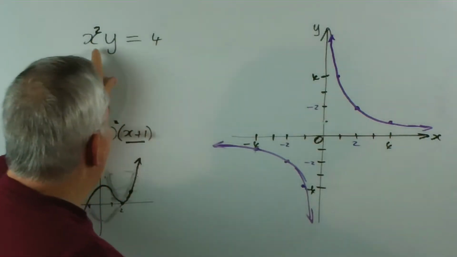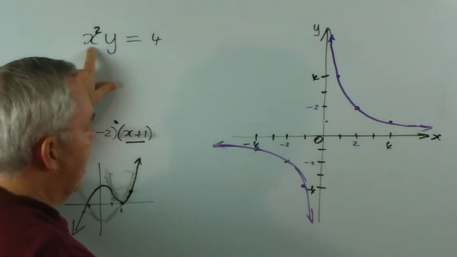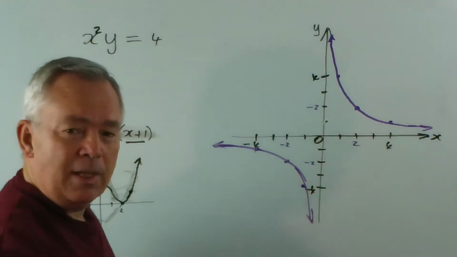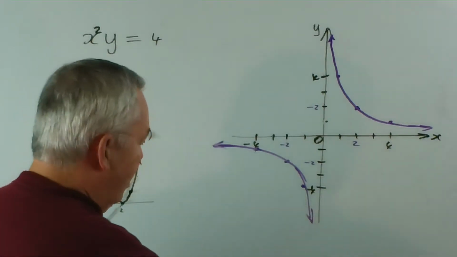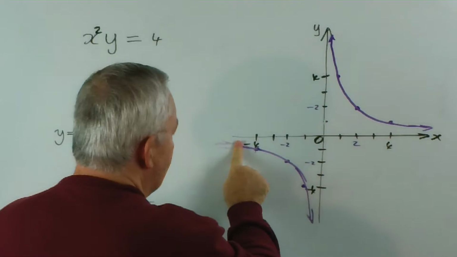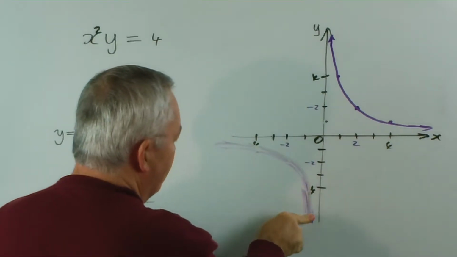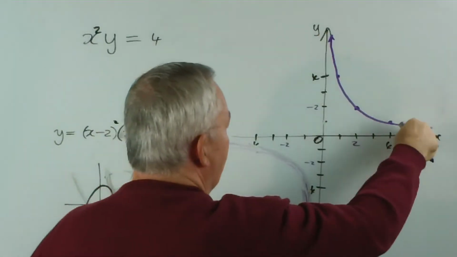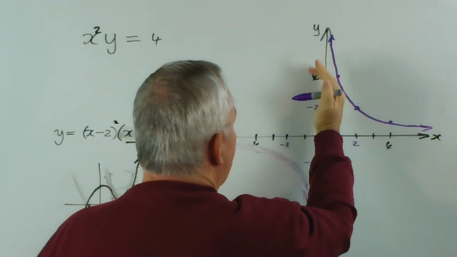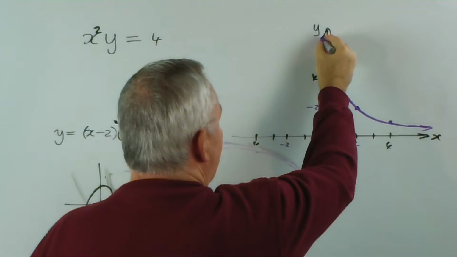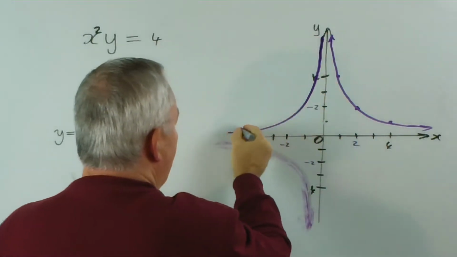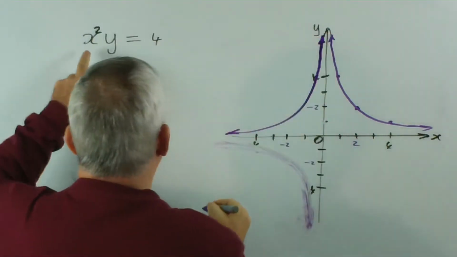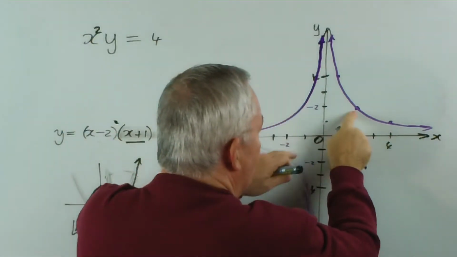Now exactly the same thing happens when we duplicate an asymptote. It becomes like a mirror. And this part disappears. This part of the curve becomes mirrored in the asymptote, and we get this. Now because of the squaring, these points move a little bit.